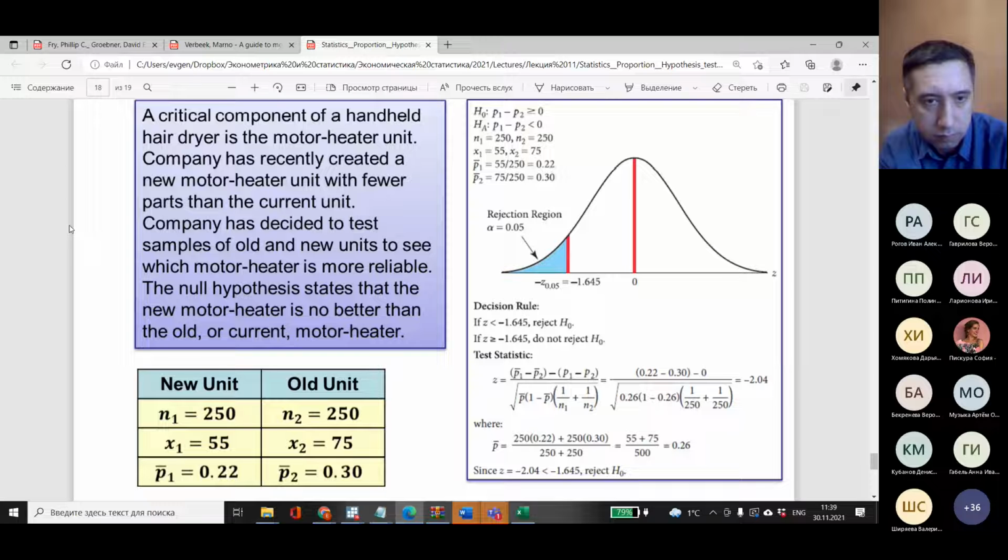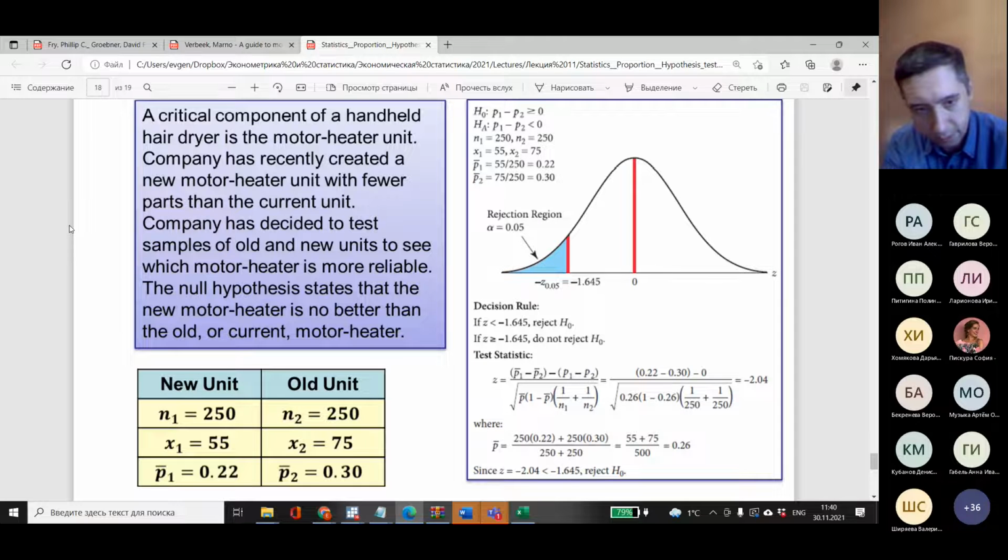Well, I hope you are ready. So, look, here we have a small table. First, we have sample sizes and we have the number of positive successes. In the first sample, we have 55 positive successes, and in the second sample, we have 75 successes.